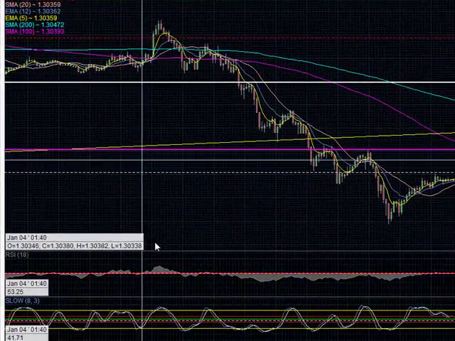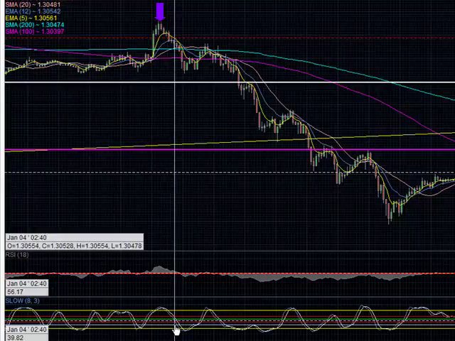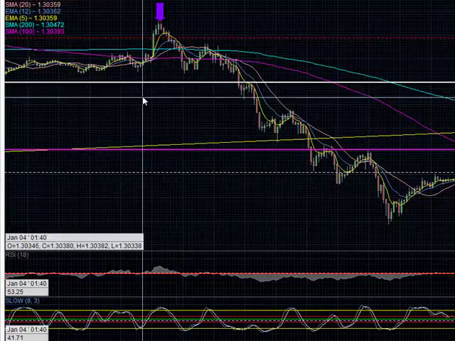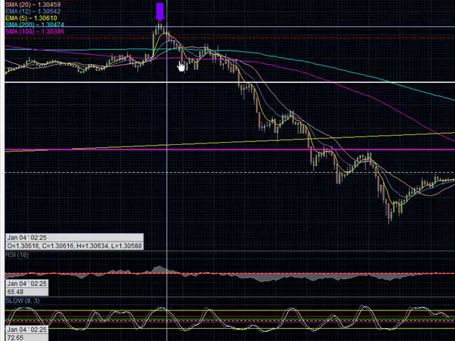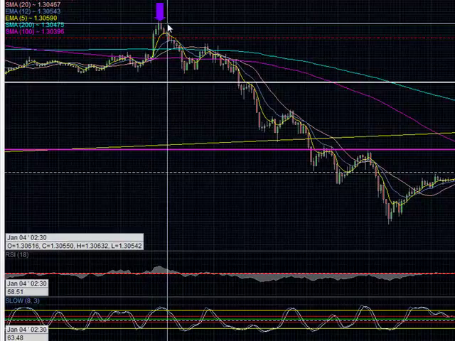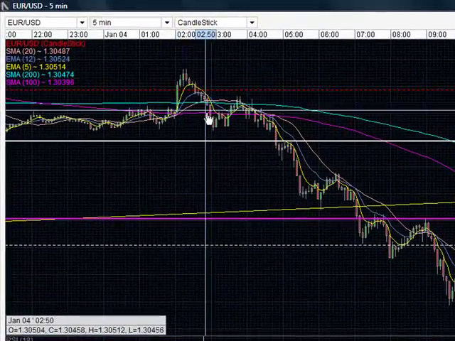You can see that our 5-minute stochastic was overbought and preparing to cycle downward, which would have also confirmed that this would have been a good time to short the pair and sell the Euro US dollar pair.